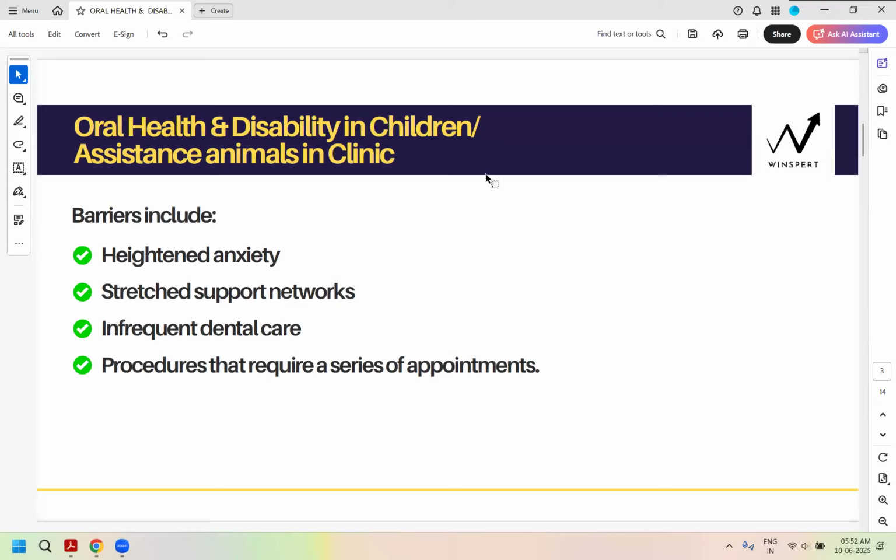suitable timings. So all the four barriers and challenges are covered, because these barriers will help you go with the diagnosis and management planning cluster. Clear for everyone? These barriers will help you in your DM cluster, diagnosis and management planning cluster, because the management planning cluster includes questions on how you will behaviorally manage the patient, right?